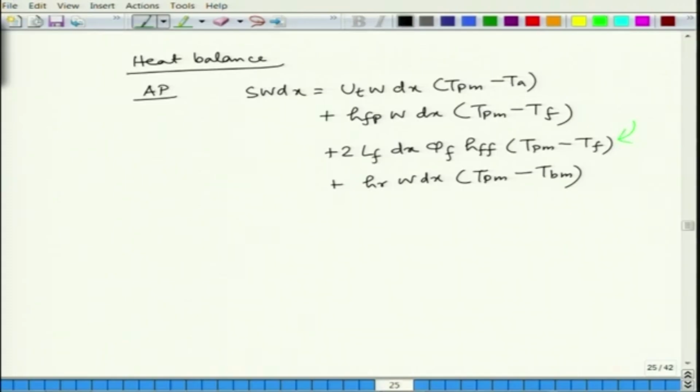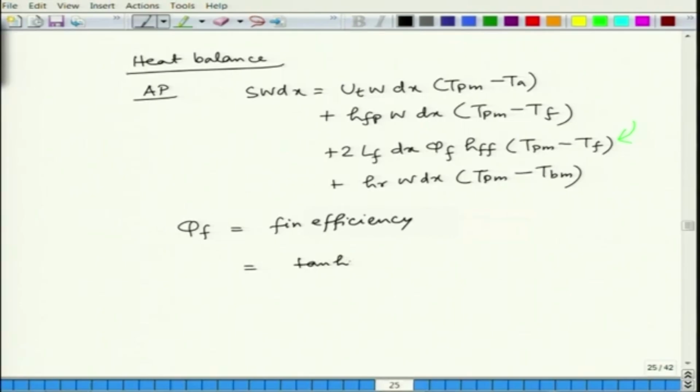Now, what is this phi f? It is nothing but the fin efficiency. Again, you know this from conductive heat transfer, what the fin efficiency is.